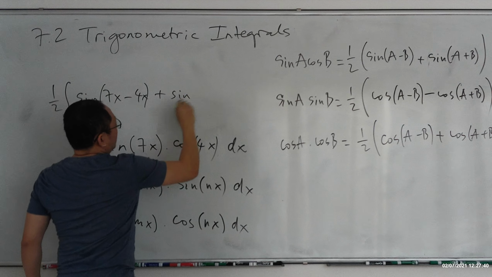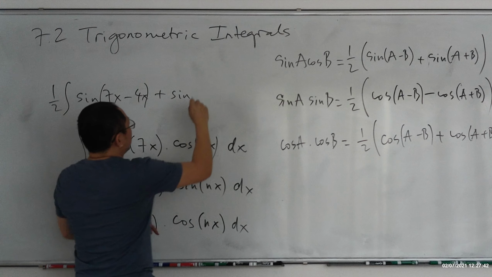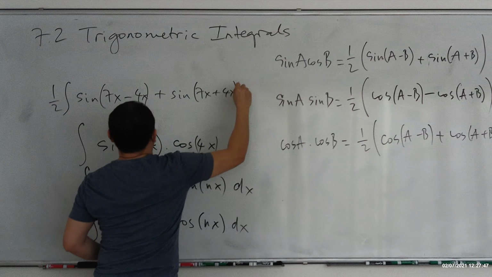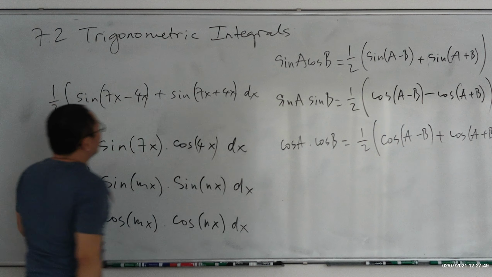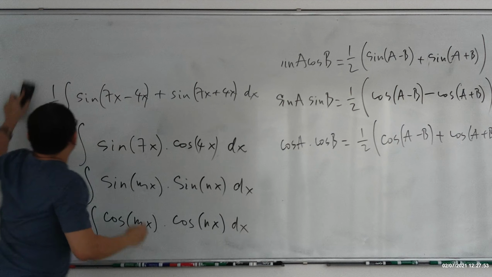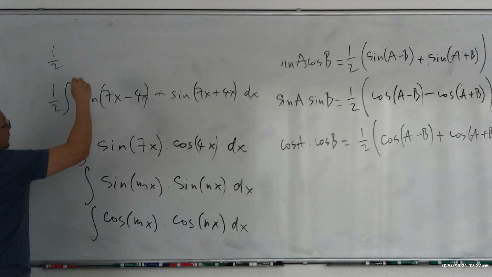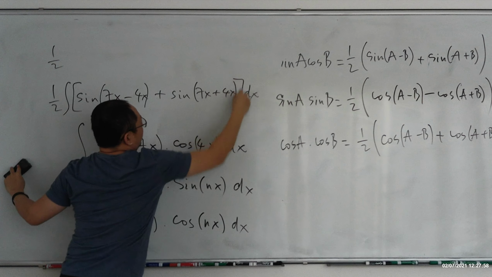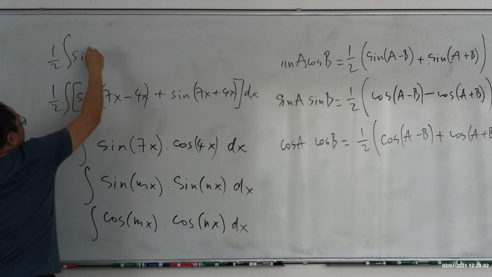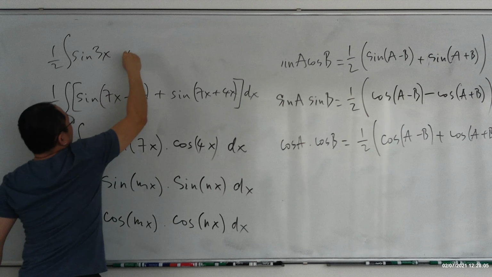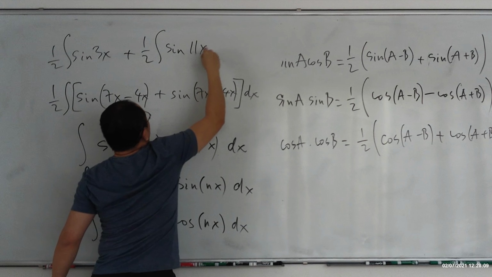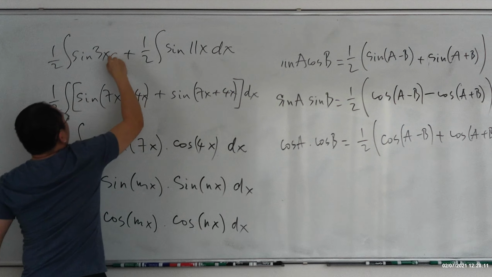Plus sine of 7x plus 4x, which is 11x, and then dx. Then you simplify more. You have 1/2, parentheses, the integral of sine 3x plus 1/2 the integral of sine 11x dx.